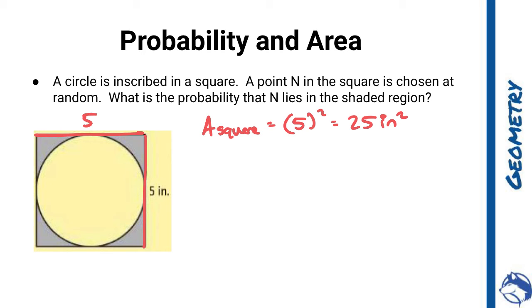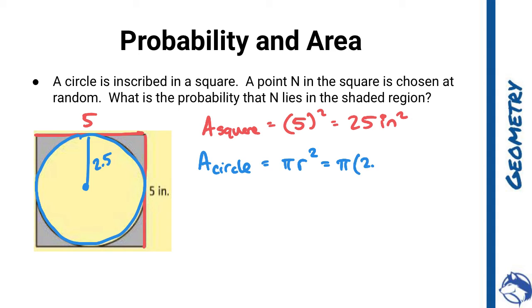Well, I'm looking for the shaded region, so I need to subtract the area of the circle, because if I choose in the circle, that's not in the shaded area. Well, this circle has a radius of 2.5, so the area of the circle we know is pi r squared, which would be pi times 2.5 squared.